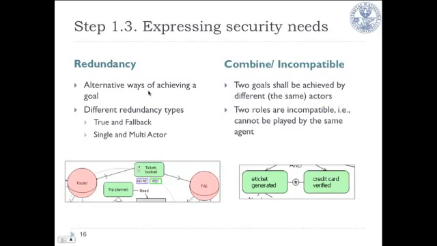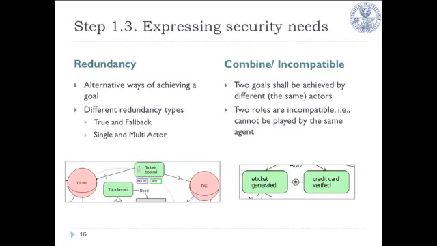So redundancy refers to these alternative ways of achieving a given goal, and we distinguish different redundancy types. True redundancy refers to having several concurrent ways of achieving a given goal.